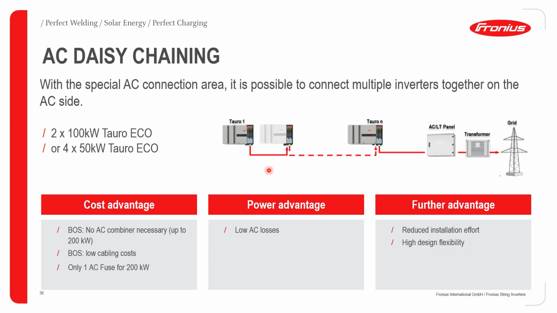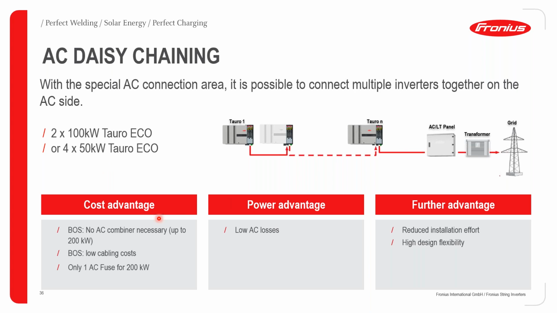So let's come to AC daisy chaining, which is another special feature in the Taro inverter. You can AC daisy chain inverters together and go out with a common outlet. You can go as high as 200 kilowatts, meaning that you can have 2 AC daisy chained 100 kilowatt Taro Echo or 4 AC daisy chained 50 kilowatt Taro Echo, as we can see.